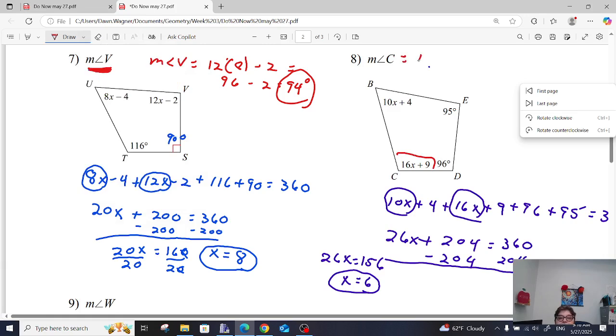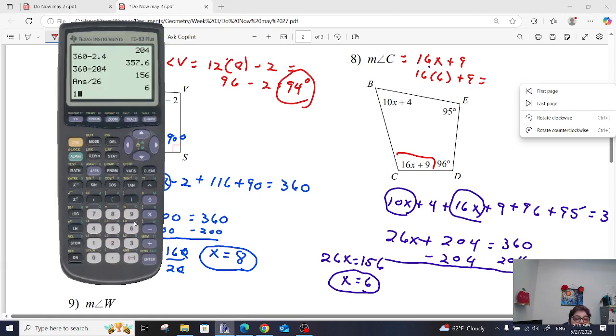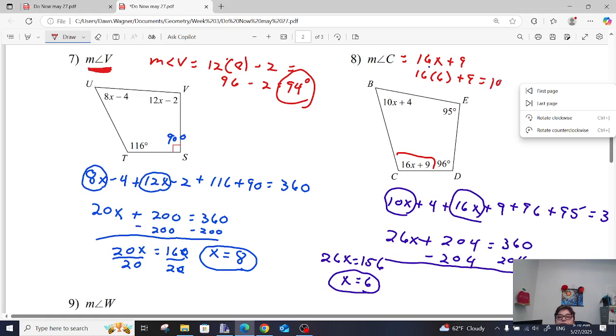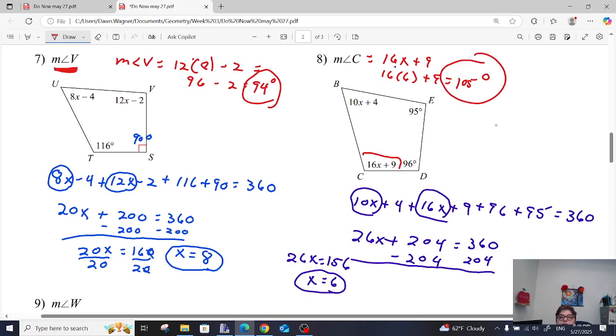So that's going to equal 16x plus 9. 16 times 6 plus 9 will give us the measure of angle C. So 16 times 6, and that is 105 degrees. Two answers. Answer for x and then substitute it in.